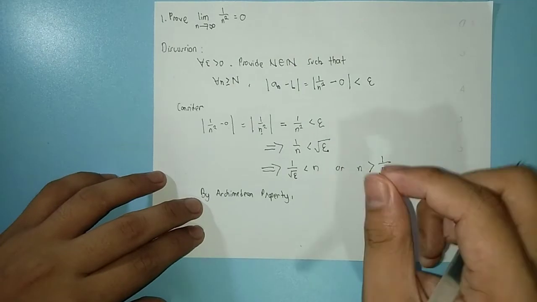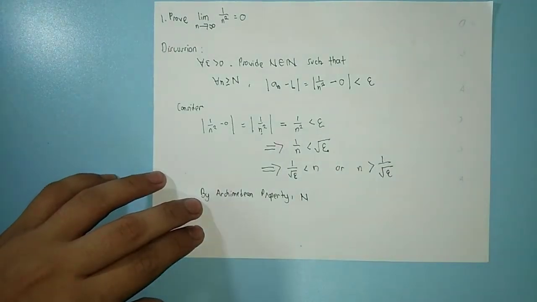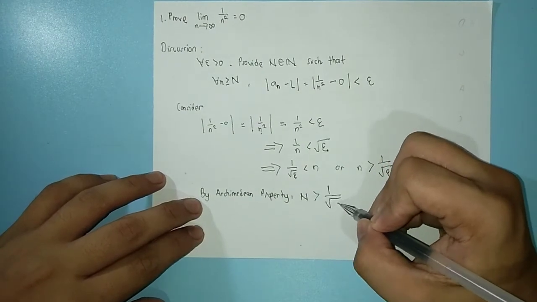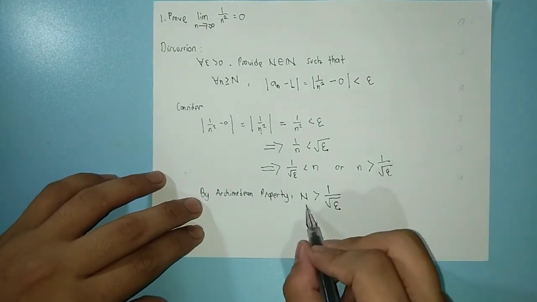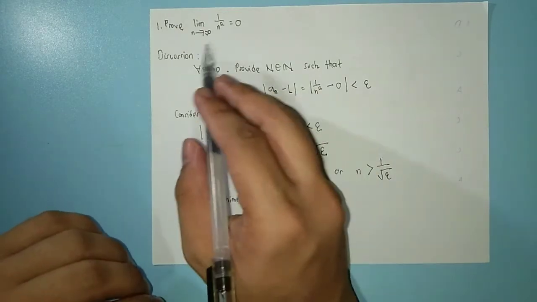And let's say yung natural number na yon ay capital N or large N. So, large N greater than 1 over square root of epsilon. Okay? So, let's say ito yung ating large N. So, proceed tayo doon sa proof nito.